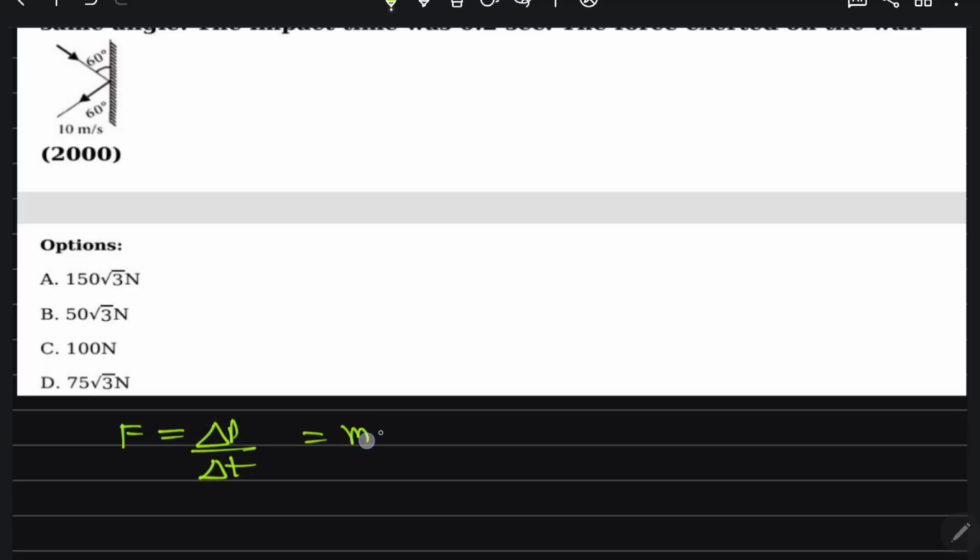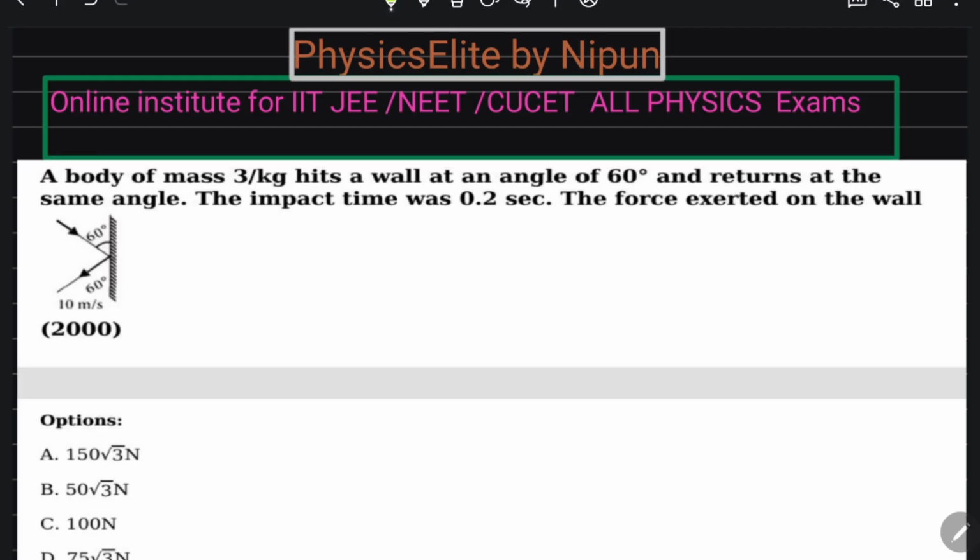Change in momentum m, v final minus v initial divided by time interval.